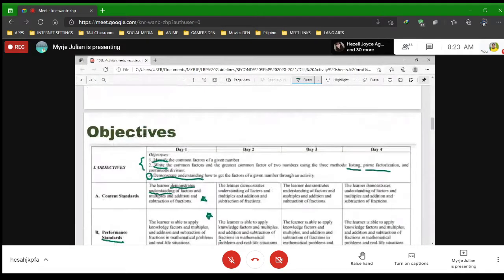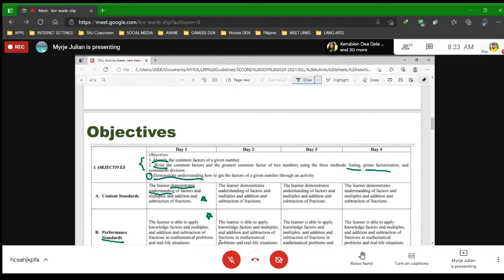So, therefore, the phrase demonstrate understanding here ay pinarevise ko siya because it is not specific. Okay? And then again, kapag dalawang competency or dalawang skill yung isusulat nyo dito, let's say, identify and explain, I would suggest na paghiwalayin yung identify and explain.